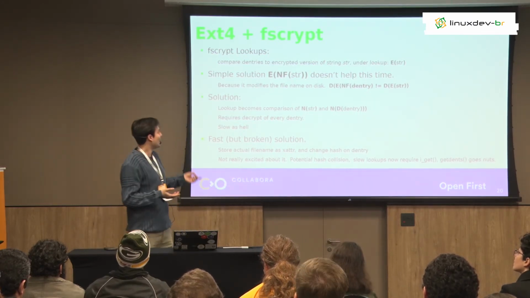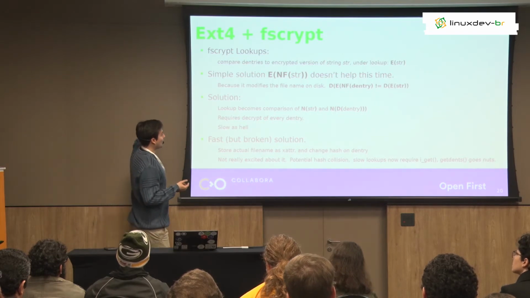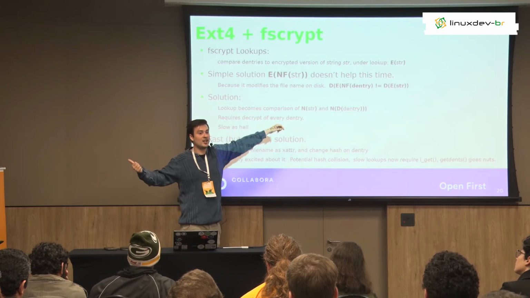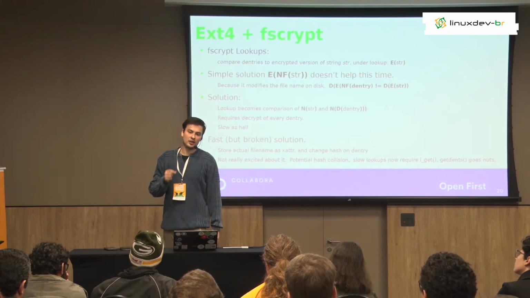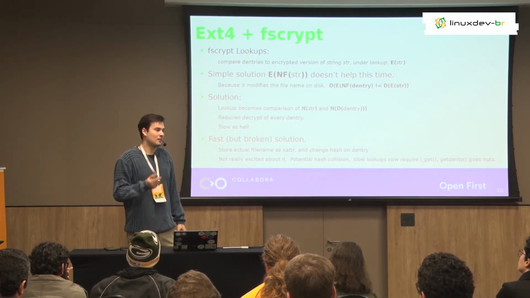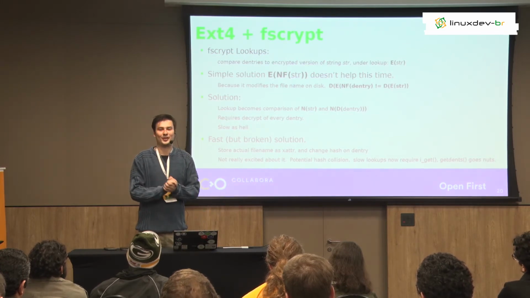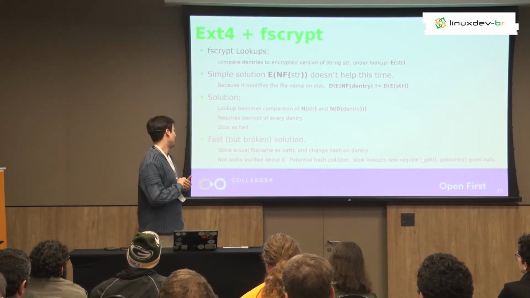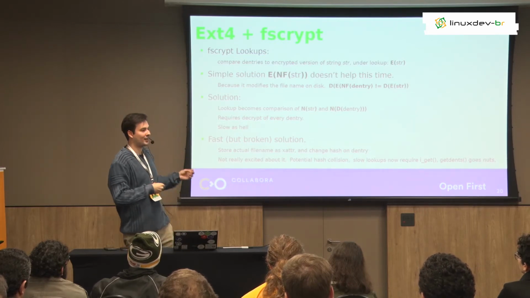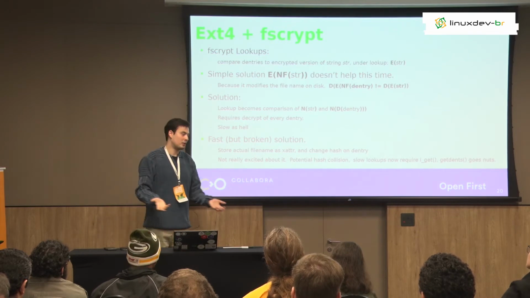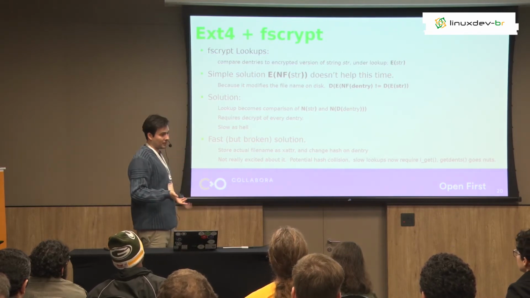We can't, because now we are performing the comparison, but this means that the hash that we modify on disk changes the file name. So this is not only not case preserving, but now every file you create, we change the name of it in the file system. And that's terrible. Another solution, let's decrypt the entries and compare one by one. The performance sucks, but it works.